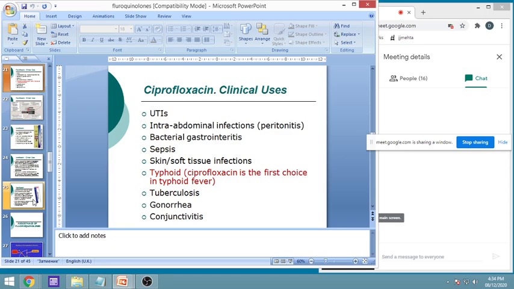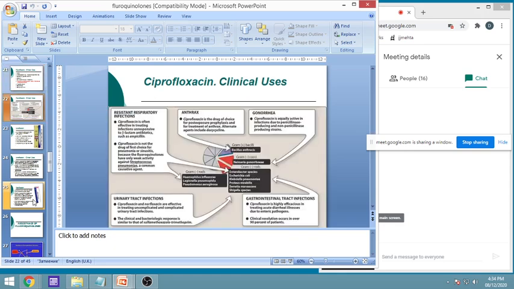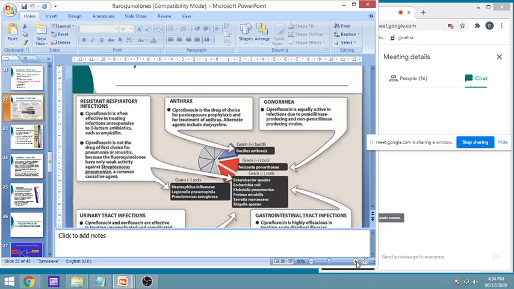It is also used in tuberculosis in some cases where there is multi-drug resistant tuberculosis. It is the treatment of choice in gonorrhea and in conjunctivitis. So there are so many benefits this drug is having.